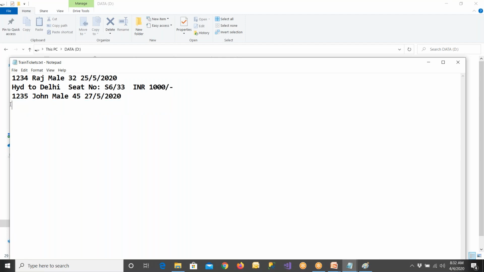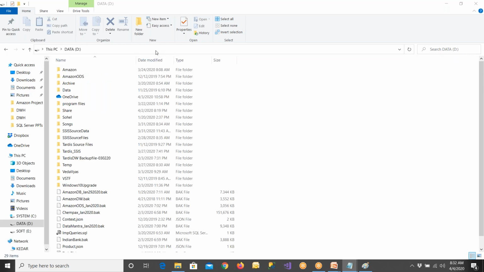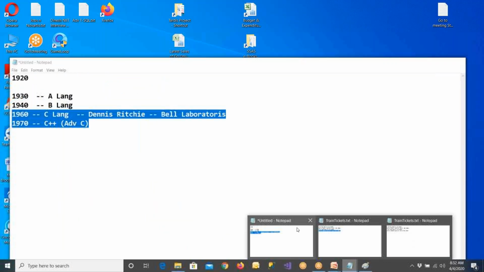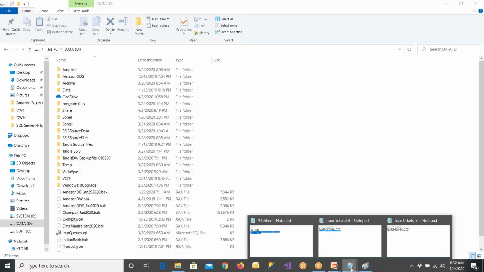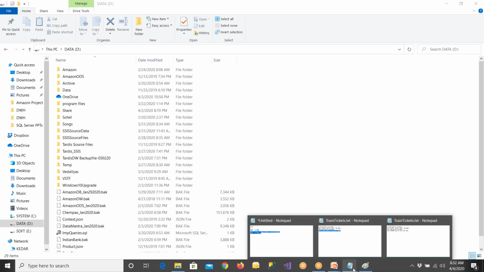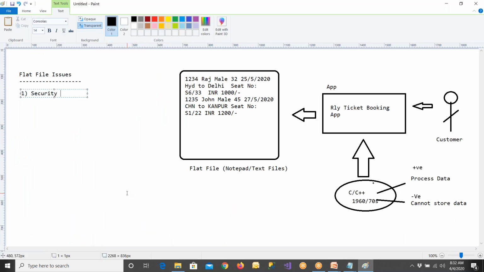If they delete a row, we don't know that the row has been deleted. Am I clear? So anybody can access this, and anybody can simply tamper with or delete the data. So a lot of things can happen. That is the big issue. So no security. Anybody can easily tamper with the data. So first is the issue, security.